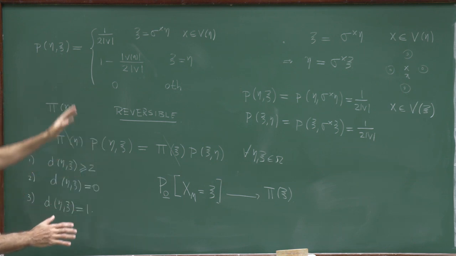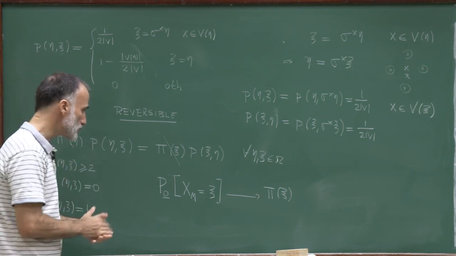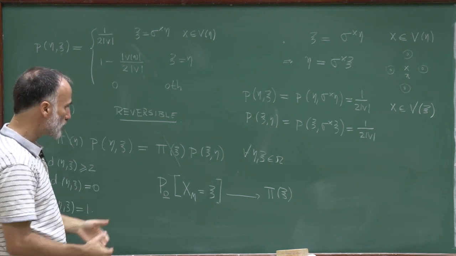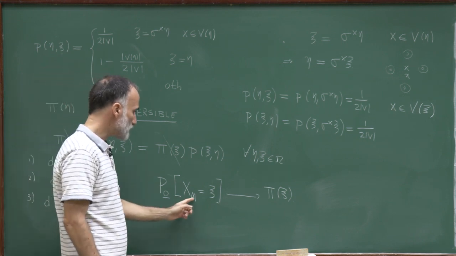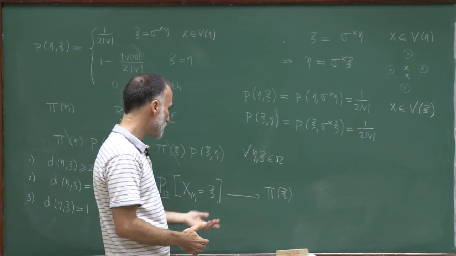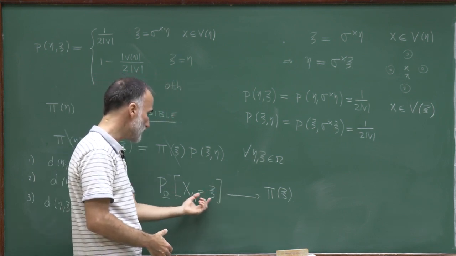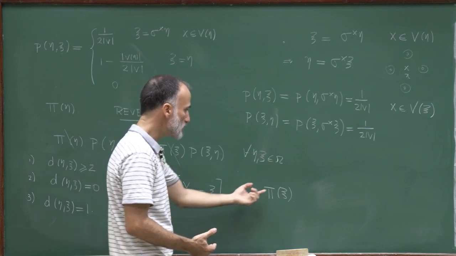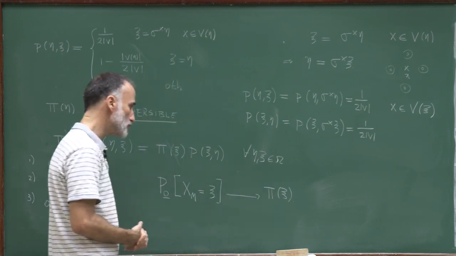I have to tell you how to run this Markov chain using uniform distributions, but that's easy. So you run your Markov chain up to a very large time, and by the theorem on Markov chains, the distribution of the configuration you get at time n is very close to the uniform distribution.